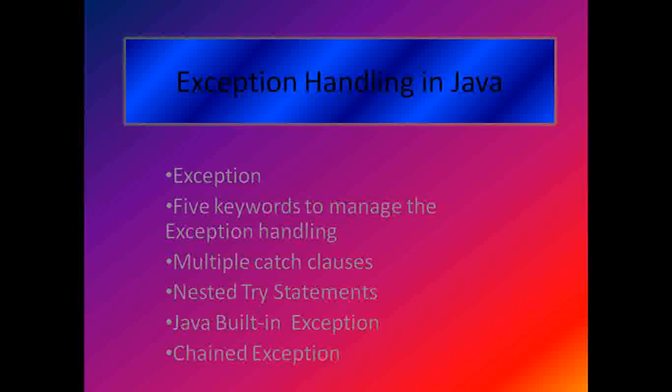Again, this exception branch is categorized into two: one is checked exception and the other is unchecked exception. In other words, one is compile-time exception and the other one is runtime exceptions. Checked exceptions are handled by the developer, whereas the unchecked exceptions, in other words runtime exceptions, are handled by the Java runtime environment.